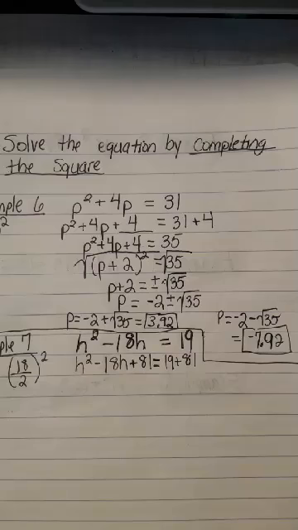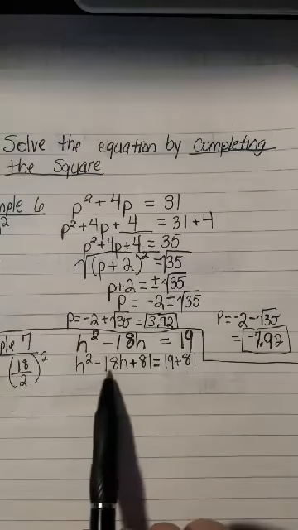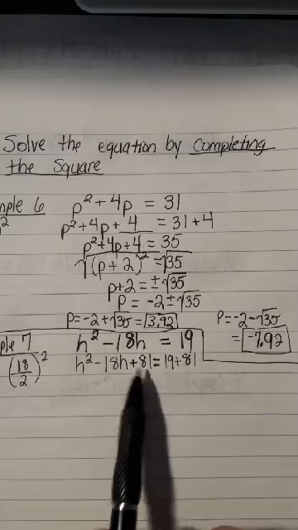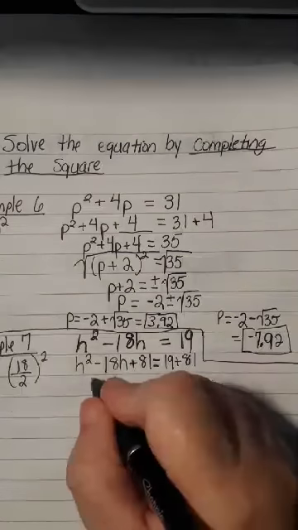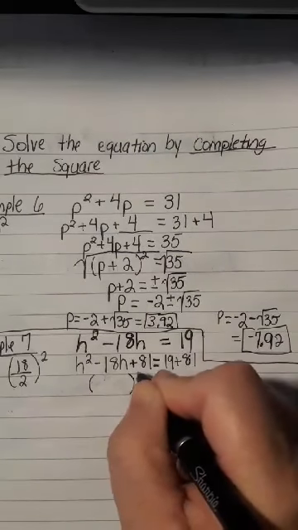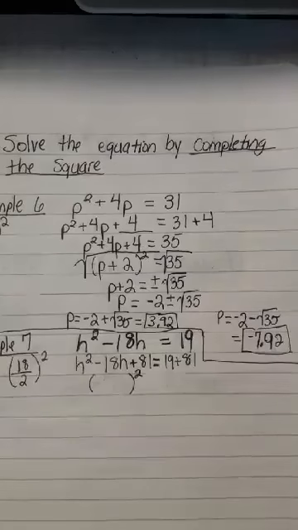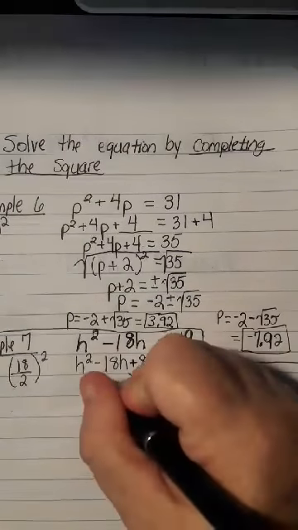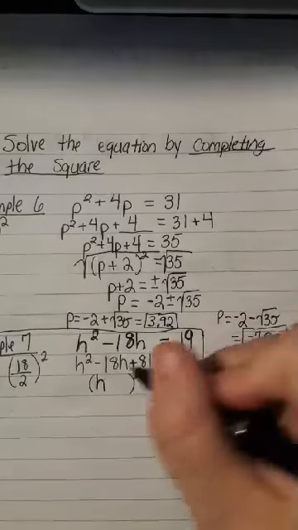And then the next step, we take the perfect square trinomial on the left side, h squared minus 18h plus 81, and we factor it. And when you factor it, you put it into the binomial square. Remember, you take the square root of the first term in the trinomial, which is going to be h because you half your exponents.